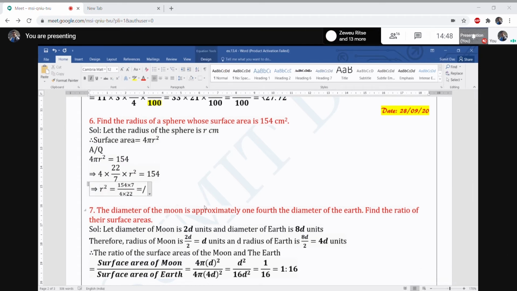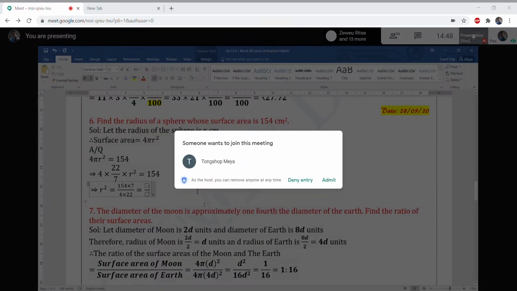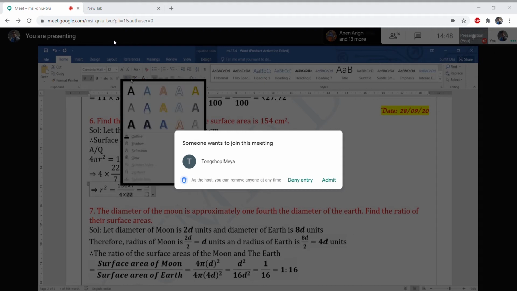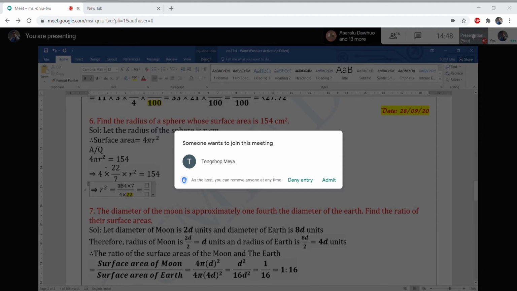Before simplification, if you divide 22 and 154, you will get numerator 7. 154 divided by 7 is 7.